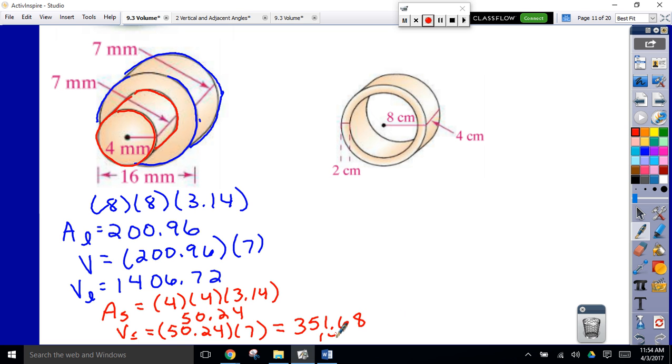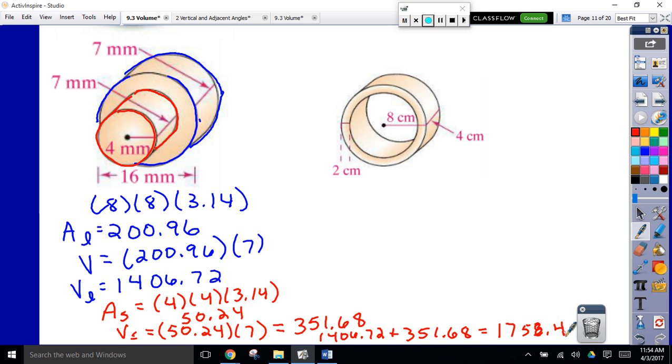We're going to have a space here. 1406.72 plus 351.68 equals... Wait, say it all again. 1,758.4. Okay. Do you guys agree with that? Do some of the rest of you agree?